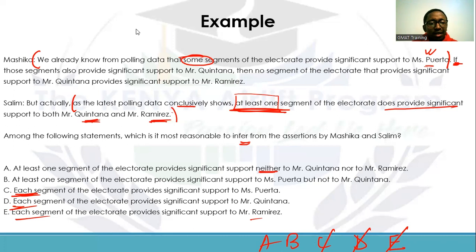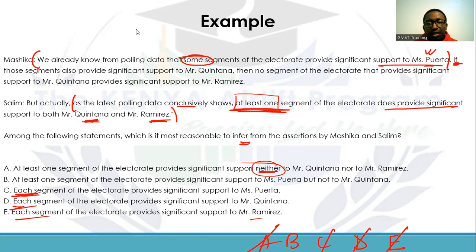Here we say at least one segment of the electorate provides significant support neither to Mr. Quintana nor to Mr. Ramirez. So this is opposite of one fact that we know. So A is out. So hopefully B is okay. At least one segment of the electorate provides significant support to Miss Puerta, but not to Mr. Quintana. So let's think about this.